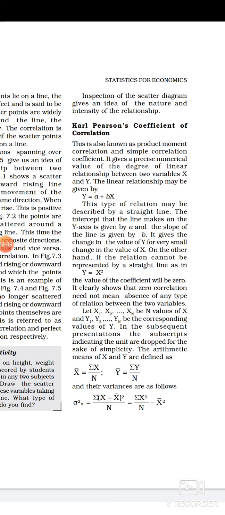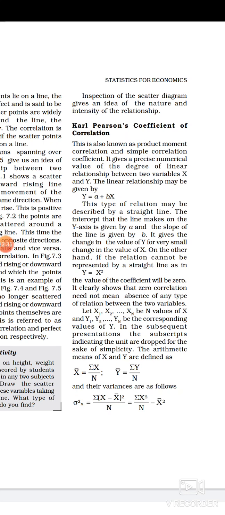It gives the change in the value of y for a very small change in the value of x. On the other hand, if the relationship cannot be represented by a straight line, as in y = x squared, the value of correlation will be 0. It clearly shows that zero correlation need not mean absence of any type of relationship between the two variables.